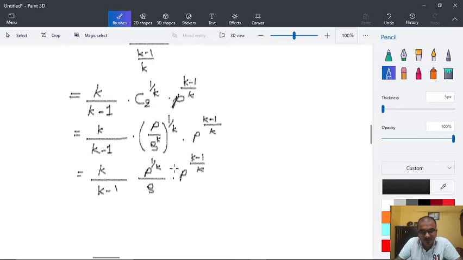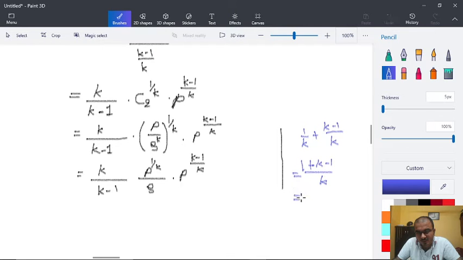And here we can sum the powers. That is 1 upon k plus k minus 1 upon k, so 1 plus k minus 1 upon k. Ultimately the power that remains will be only 1.